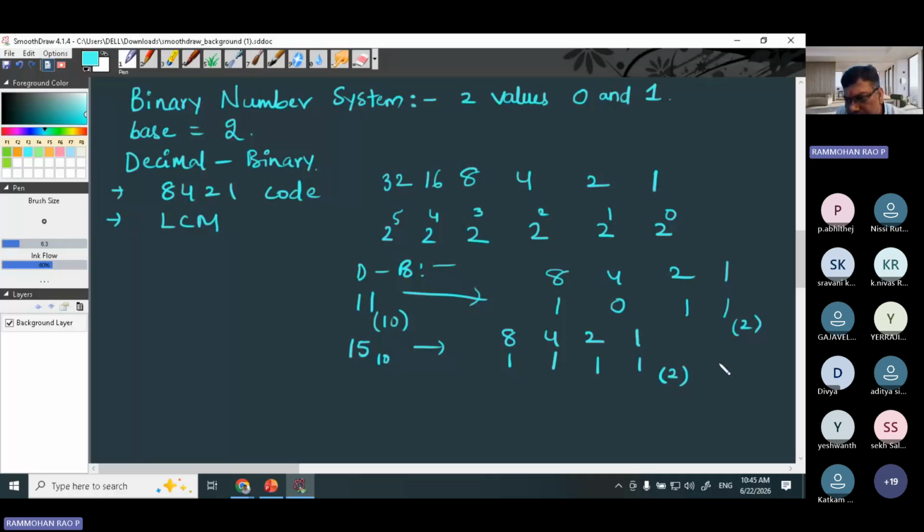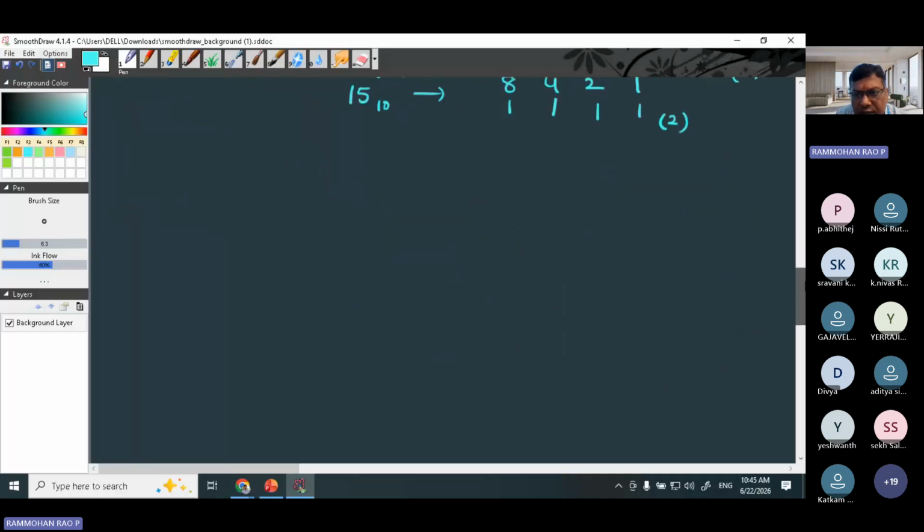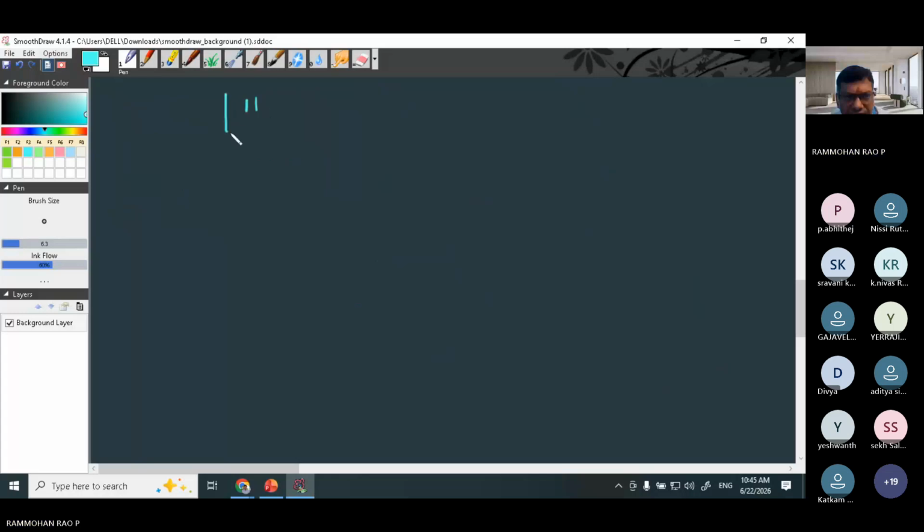Okay. Now the same calculation can be done using another method called the LCM method. What was our first number? 11, right? This is the second method. 2 5s are 10. Why am I dividing 11 by 2? Because I am doing decimal to binary conversion, and the base of the binary number system is 2.